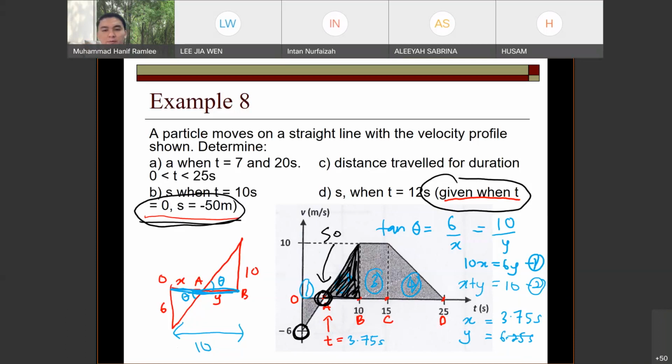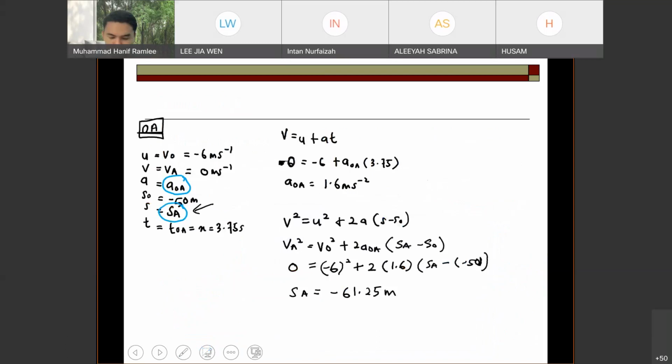Earlier, negative 50 is for the point O. What is the displacement at point A? Okay, the answer is correct. From Ilya Kasrina, negative 61.25. Okay, it is from the initial one, which is from here. So SA is equal to S naught for the AB region.